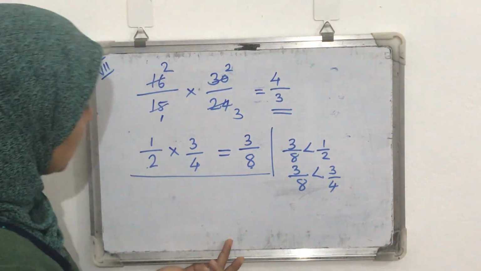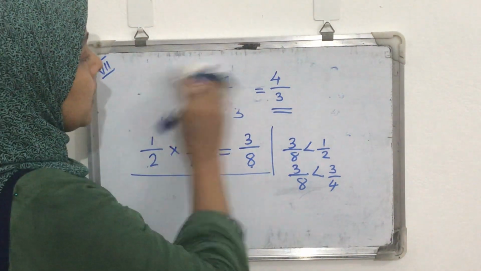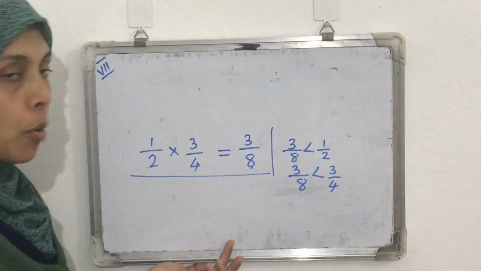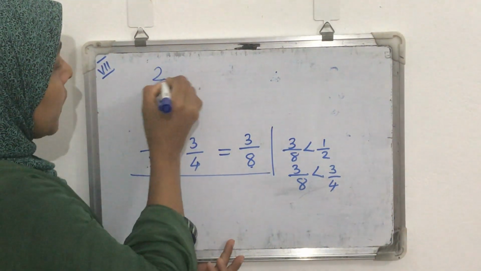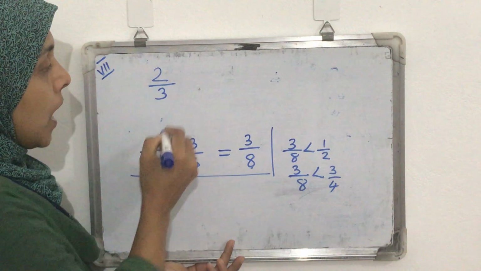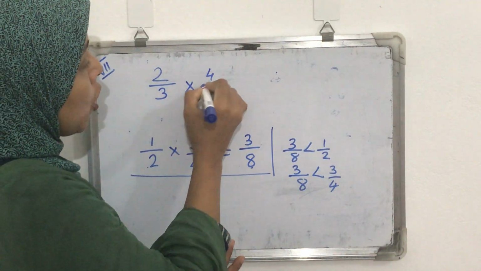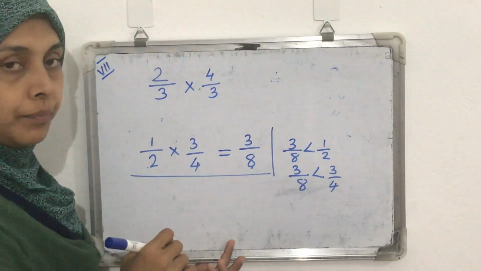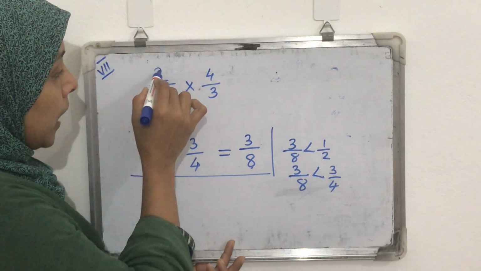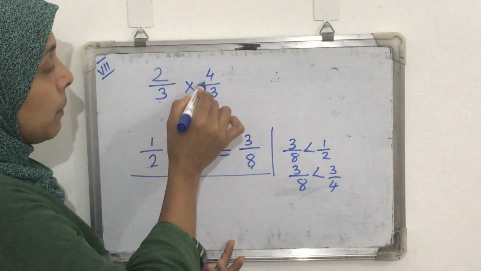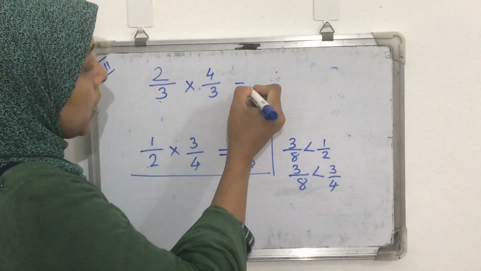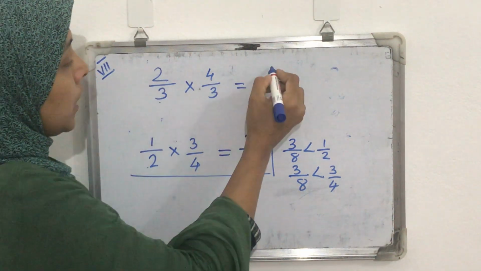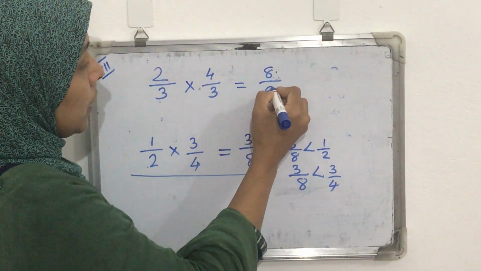Okay. Now another case: if we multiply one proper fraction, I took it as 2 by 3, and one improper fraction. If you multiply a proper fraction with an improper fraction, what will be the product? 8 by 3 into 3, that is 9.